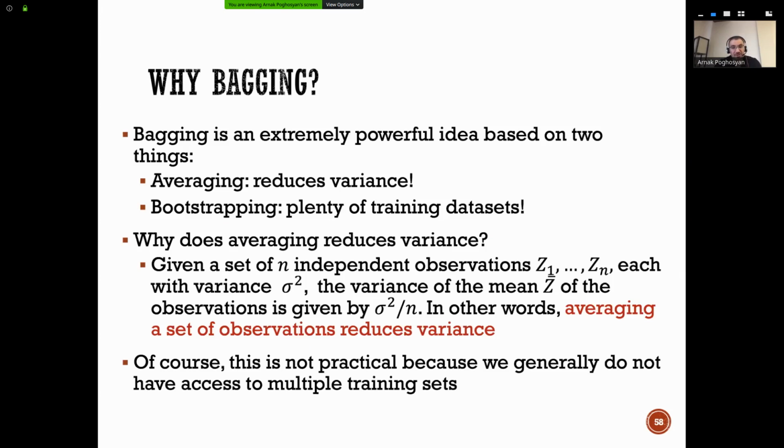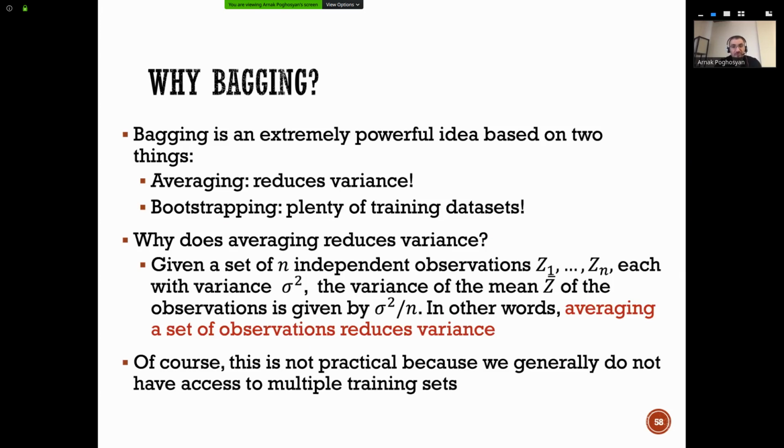Two advantages that we have in case of bootstrapping and averaging. As we discussed earlier, bootstrapping is multiplying our training data sets.